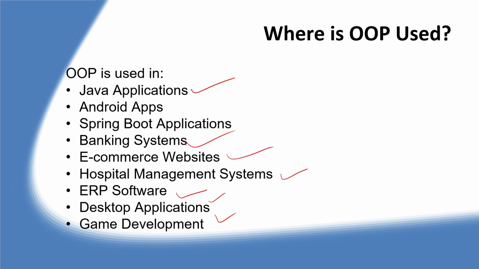We have seen the four pillars of OOP: abstraction, inheritance, polymorphism, and encapsulation. We have also seen the benefits of object-oriented programming.